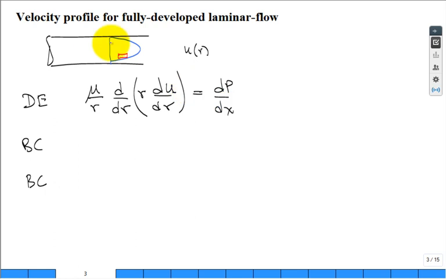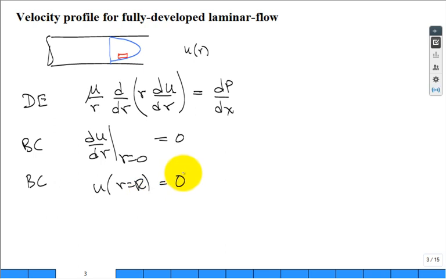So I have pressure changing, and pressure is just a function of x down the pipe. And our boundary conditions are very simple. We have that the derivative of u with respect to r at r equal to 0, at the center line, is 0. And then the other one is u at r equal to capital R, no slip, is also 0.